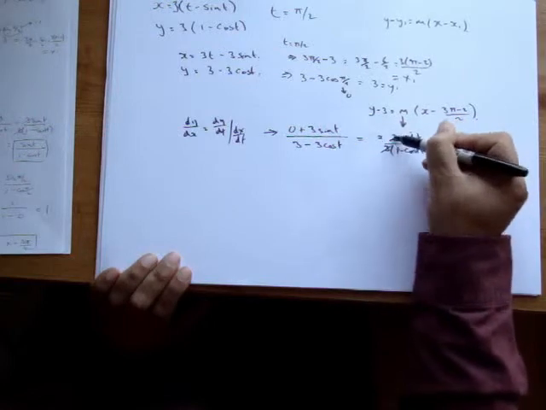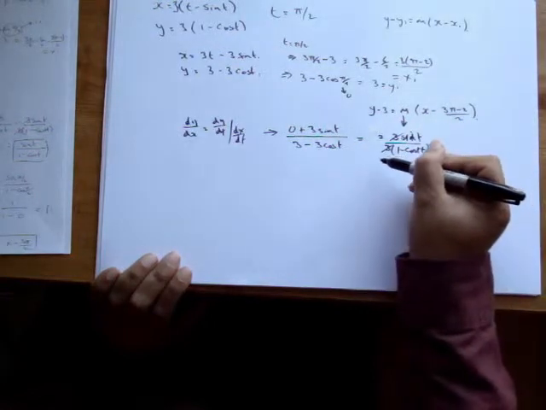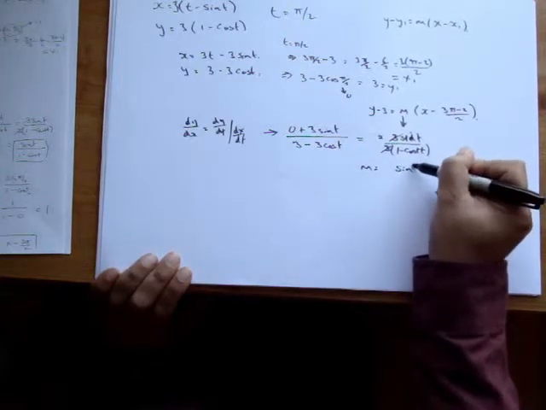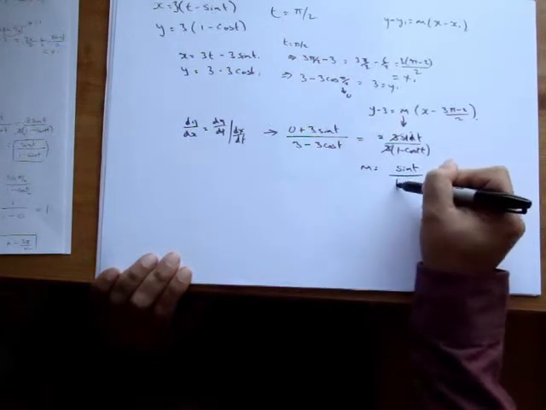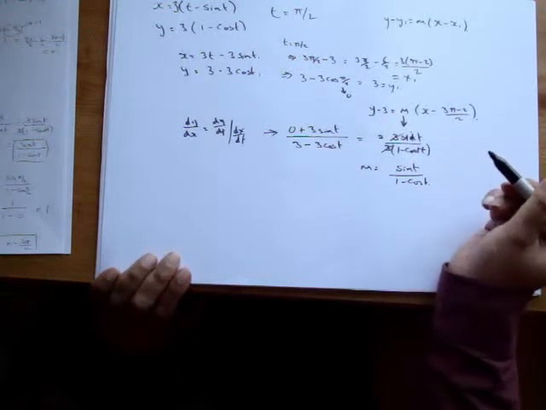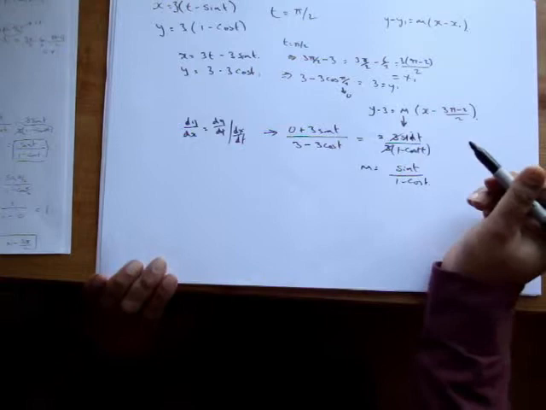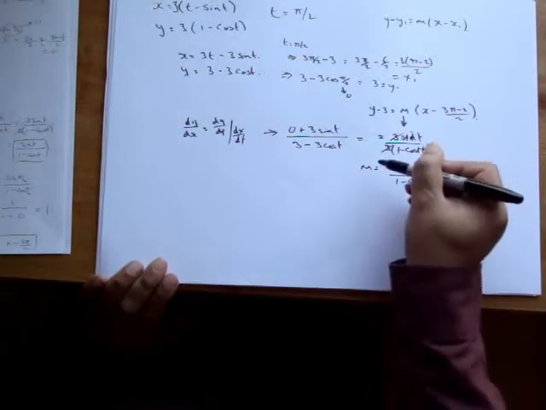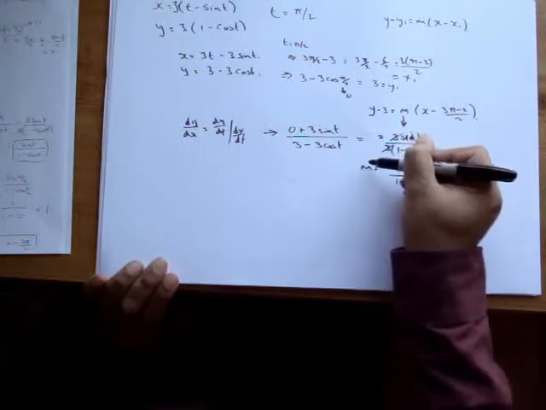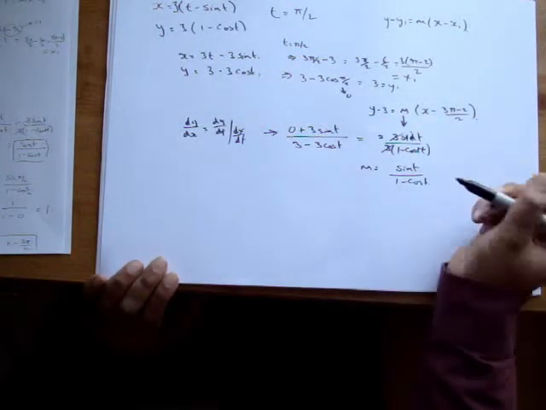Cancelling the 3's, we get m equals sine t over 1 minus cos t. So that's the gradient in this formula that we found.